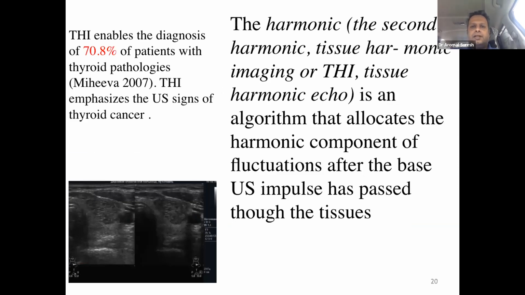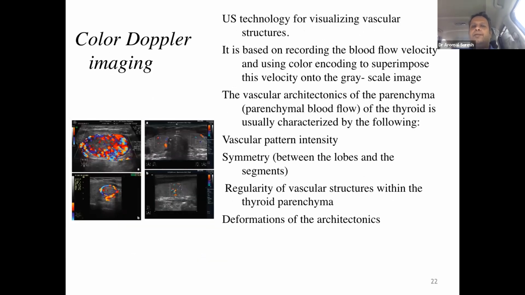Then there comes color Doppler imaging. With color Doppler imaging, we can visualize the vascular structures, and things that can be assessed are the vascular pattern, symmetry of vascularity, and regularity of vascular structure within the thyroid parenchyma. Basically, not so much importance is given to color Doppler imaging in terms of thyroid nodule imaging, because it doesn't have much of a role in distinguishing malignant from benign.